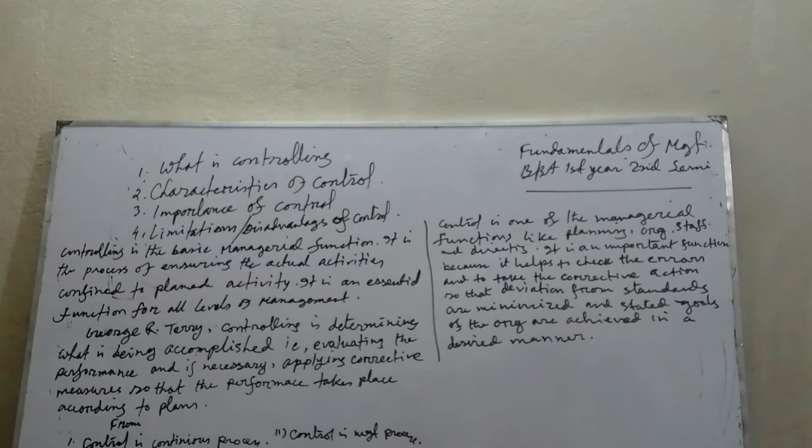Henri Fayol defined control as consisting in verifying whether everything occurs in conformity with the plan adopted, the instructions issued and the principles established. Its object is to find out the weaknesses or errors in order to rectify them and prevent recurrence. It operates on everything: things, people and actions.